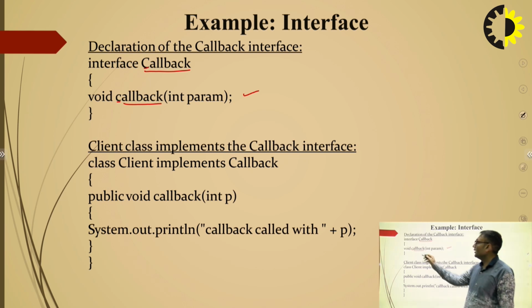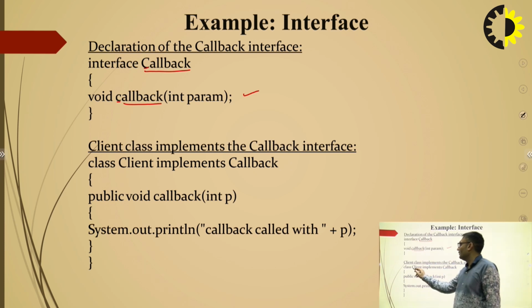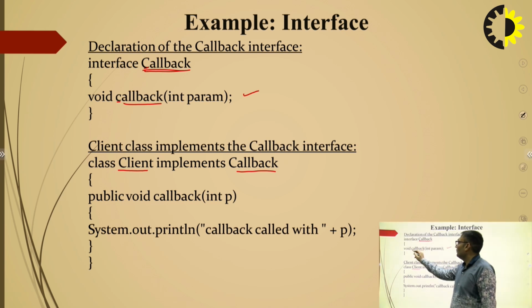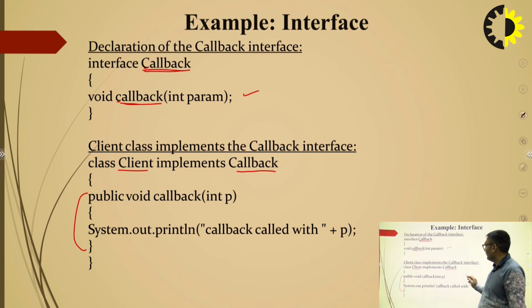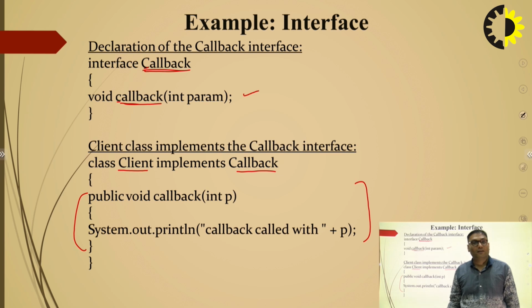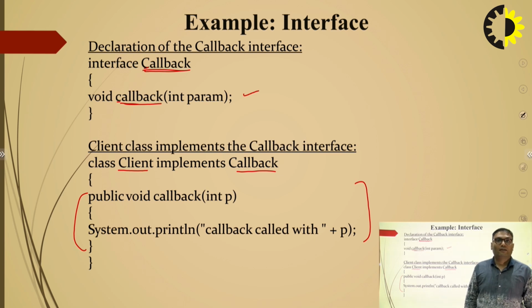So a class will implement this interface. I just write a class Client that will implement this interface Callback. Here the callback method with a body will be defined inside this class. Now this method can be accessed with the object of the class Client, not with the object of Callback, as we know that an interface can't create an object.